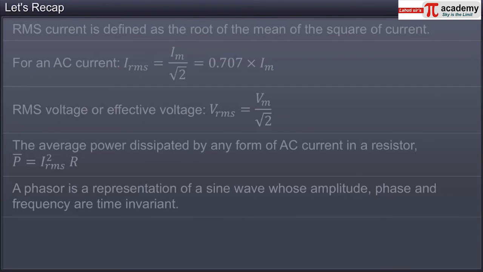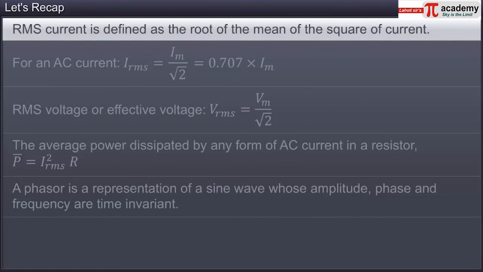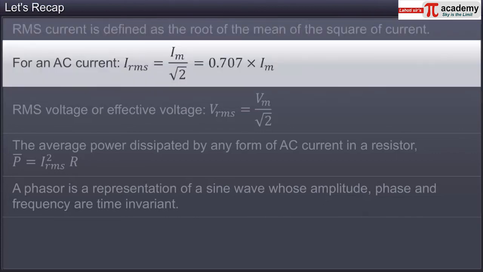You have now reached the end of this module. In this module, you learned that RMS current is defined as the root of the mean of the square of current. For an AC current, RMS current is 1 over root 2 times, or 0.707 times the amplitude of the AC current.